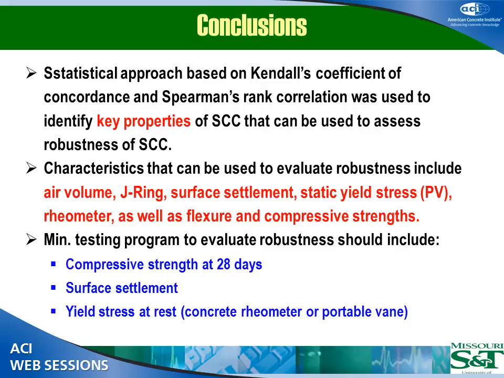And if you really want to go from a production point of view to look at robustness of your mix, then you can look at those three properties that are presented over here that will give you a much simpler, probably cheaper quality assurance, quality control testing.